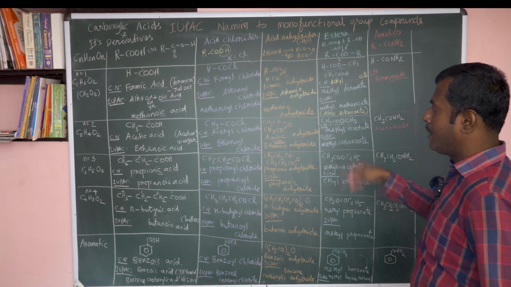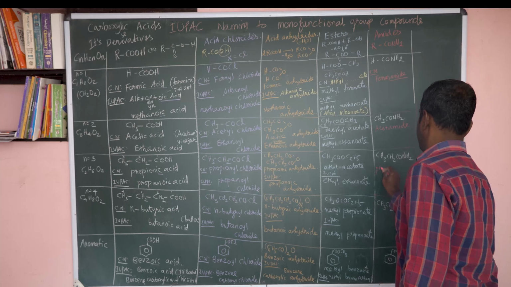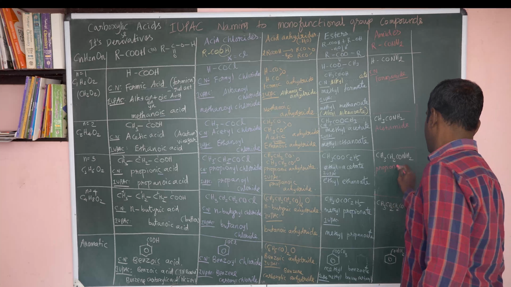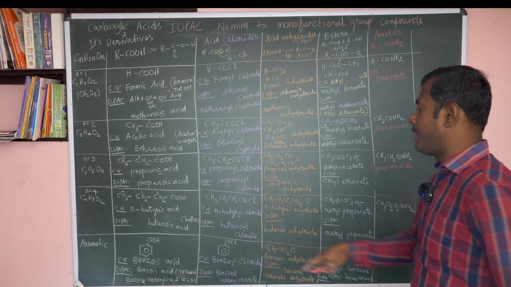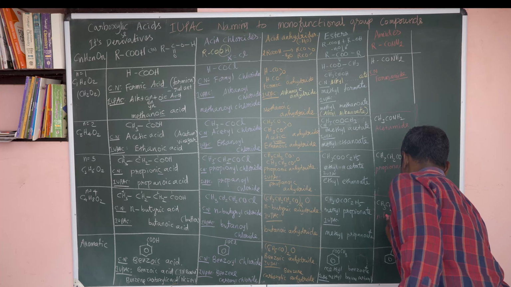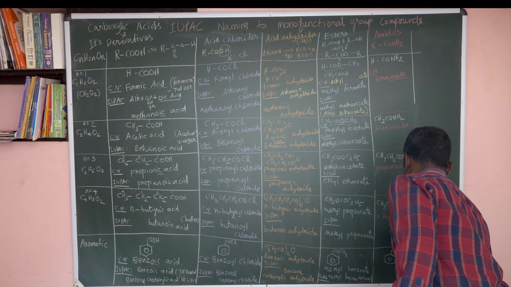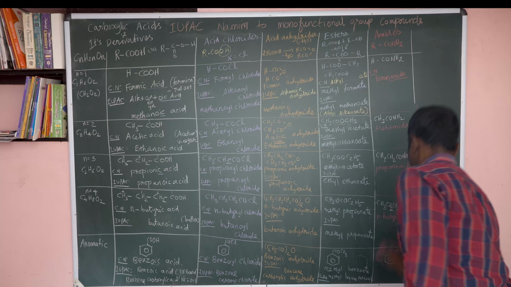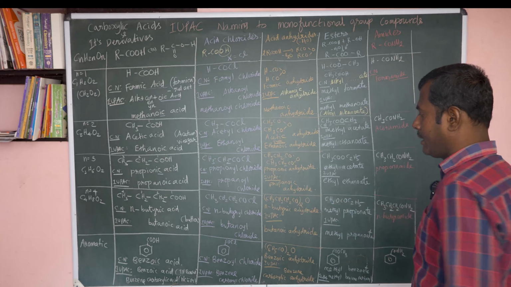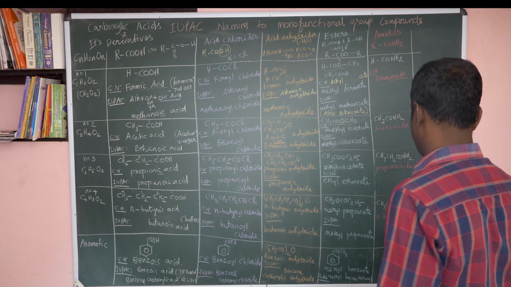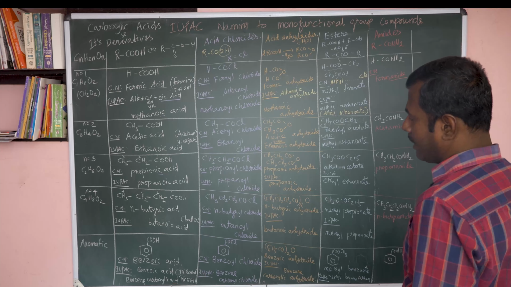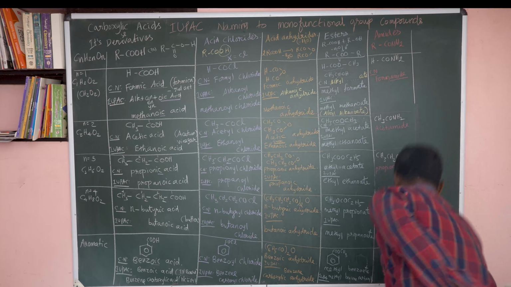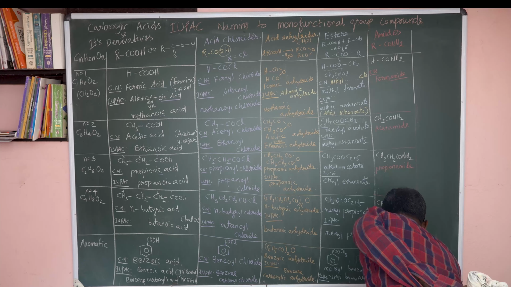The third one, propionic, ic is replaced, so propionamide. N-butyric, so n-butyramide. From benzoic acid, not only ic, O is also removed, so benzamide.